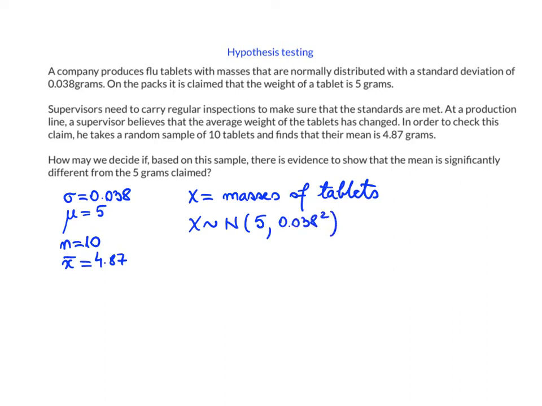We always consider that the person claiming is right. So we consider that the company produces the right weight. Now n is small indeed, but because x is normally distributed, then according to the central limit theorem, the sampling distribution of the mean will be normally distributed with mean 5 and 0.038 squared over 10 as a variance.